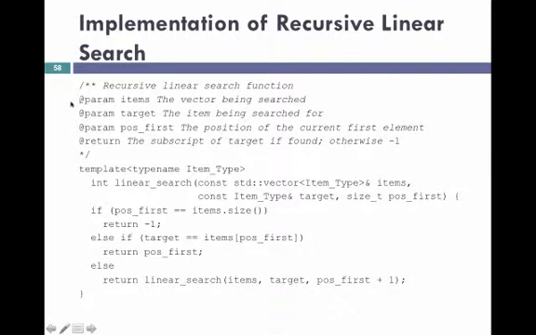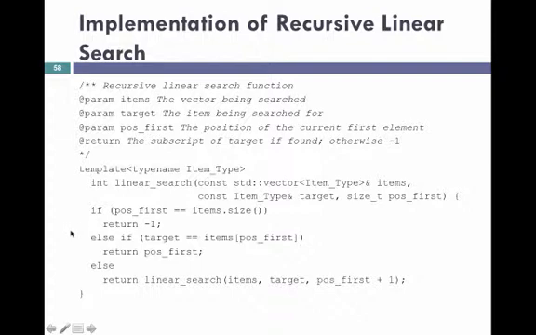Here's a C++ function. It's a template function where we take a vector, a target value that we're searching for, and a position, pos first, which is the first position of the vector that we're searching from. If pos first is equal to the size of the vector, we return -1.